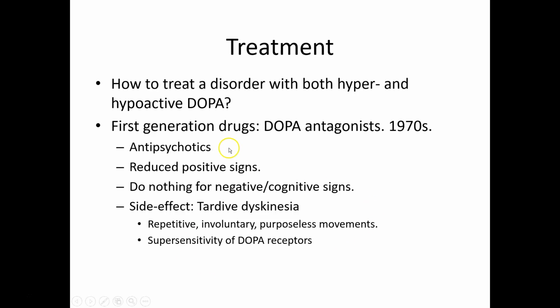So clearly, if we're trying to block dopamine, what we're trying to do here is basically get rid of those positive signs. Positive signs are associated with overactive dopamine. So a blockade with a dopamine antagonist will alleviate them. They're called antipsychotics. They do reduce the positive signs. They do nothing for those negative or cognitive signs.